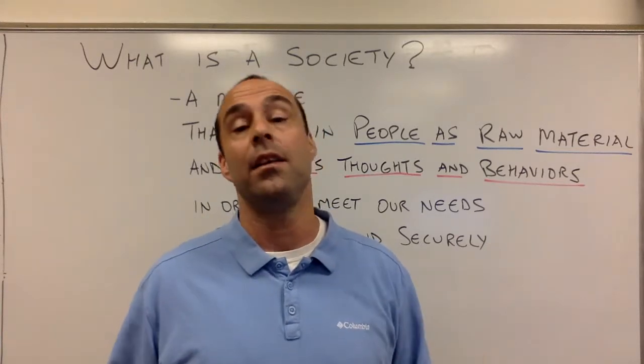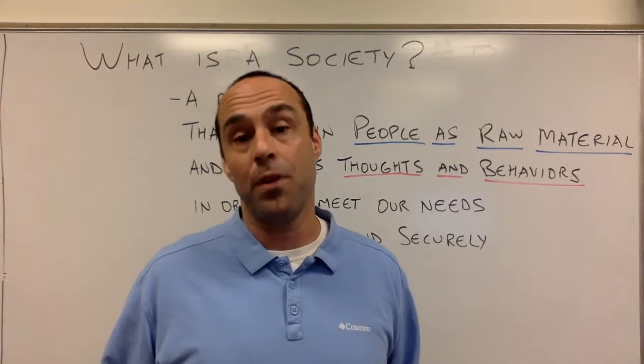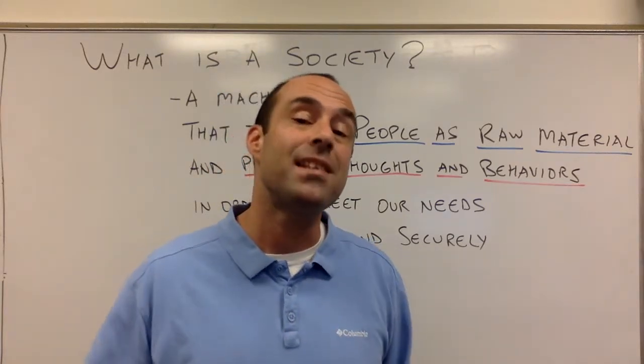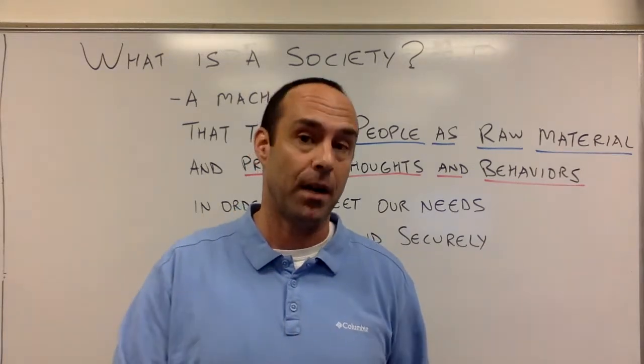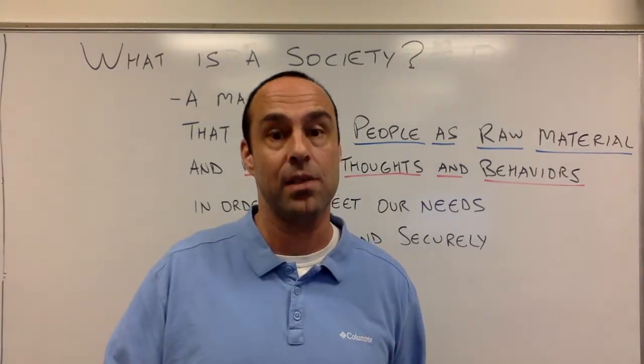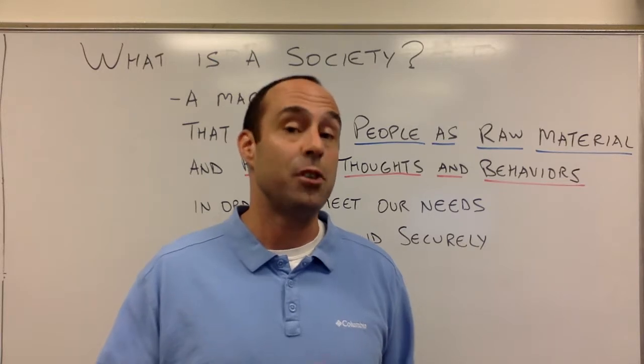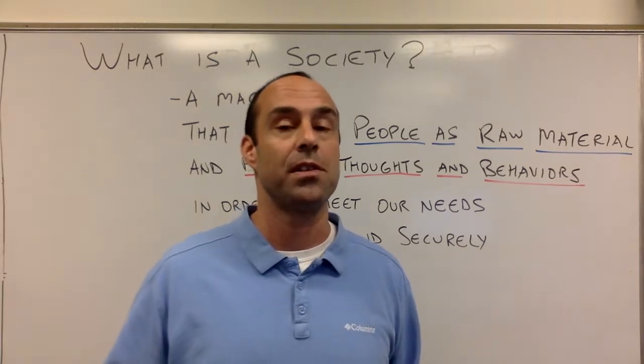You could take it, uproot it from North America, put it in the middle of Asia, it still is American society, as long as the people there are thinking American thoughts and behaving in American ways. The society is the machine, the thing that produces those thoughts and behaviors.